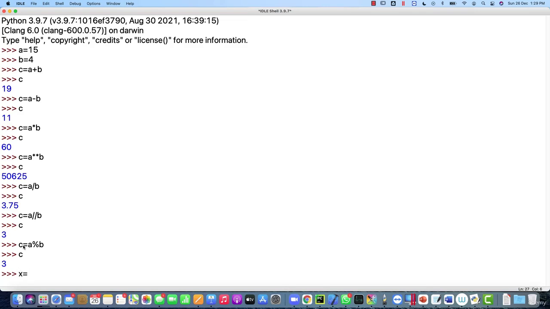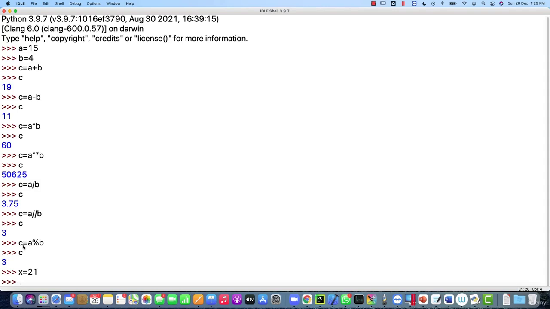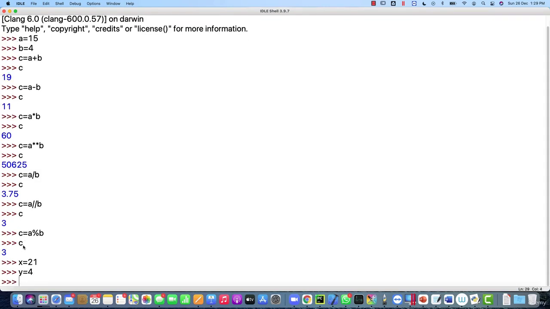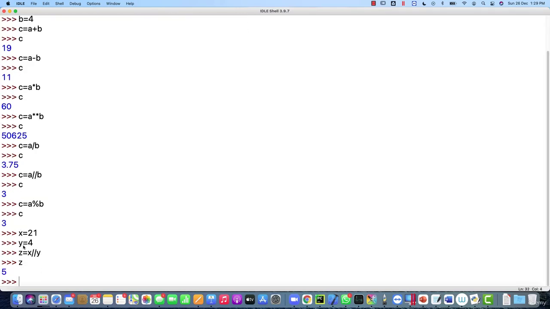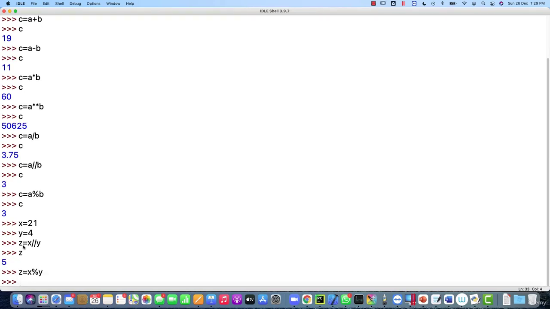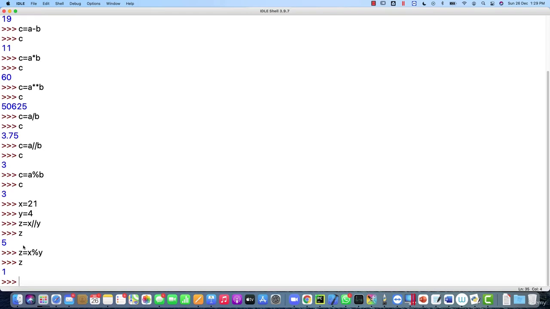Now I will take the variables x as 21, y as 4. Then if I say z assign x floor division y, so what is the value of z? It is 5. If I say z assign x mod y, then the result is what? 1.